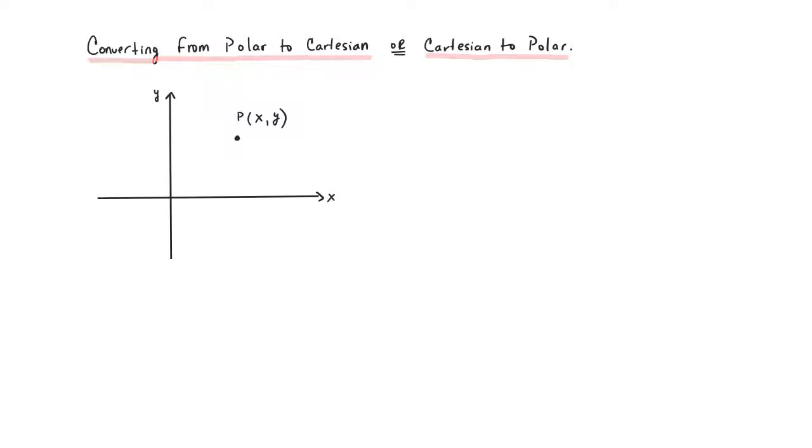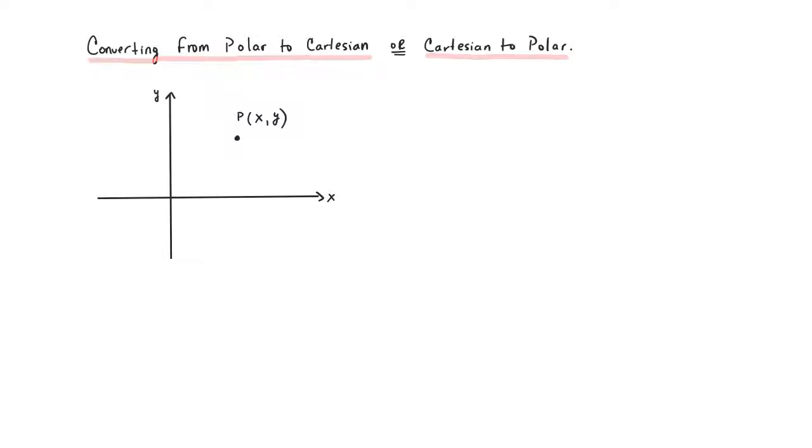But if I make a few assumptions, I can also try to somehow see the polar plane within the Cartesian plane. But again, this connection is going to be momentary, just so that we develop some formulas, some equations that are going to allow us to convert back and forth.